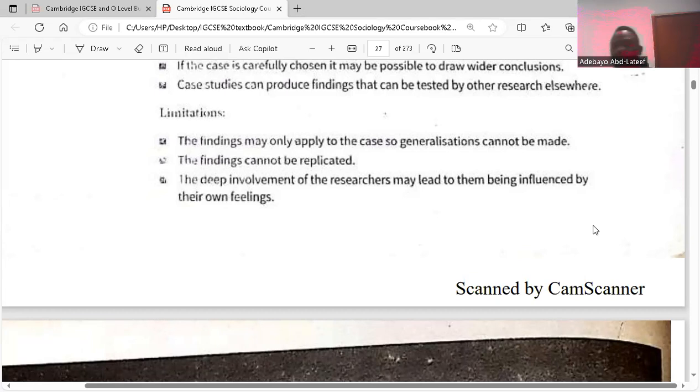You are subjective because you have to get involved in it. But in getting involved, you should do it neutrally. If you get caught up in emotion or feelings, your research might become invalid because it lacks objectivity. Is it clear? So that's about case studies and experiments.